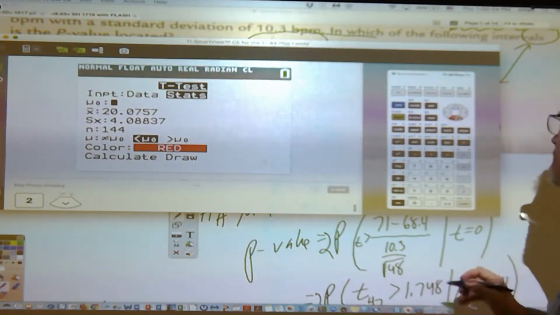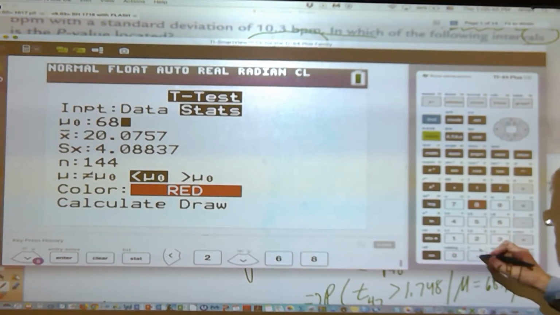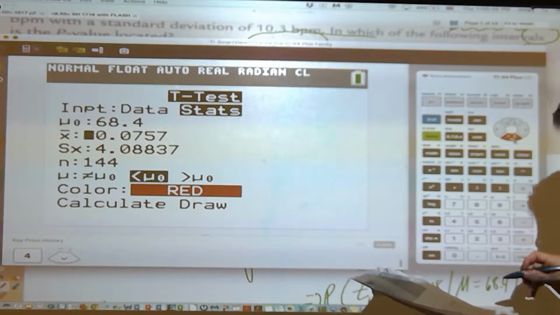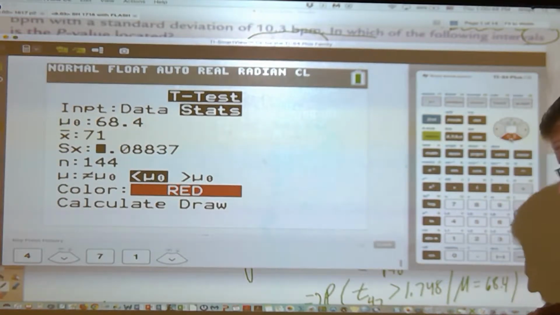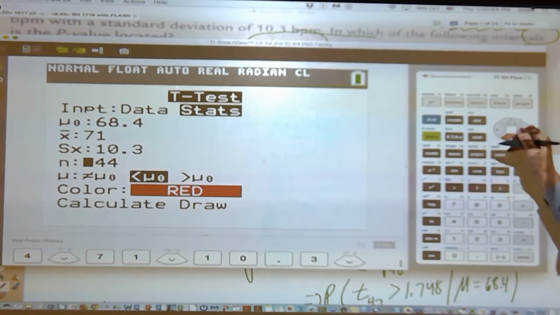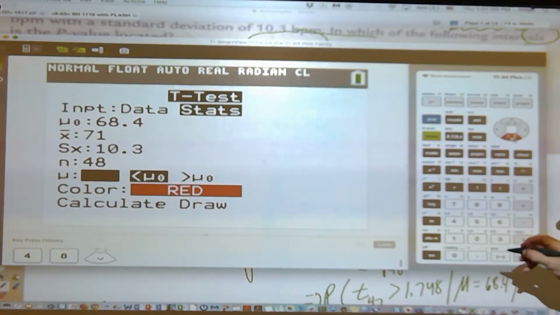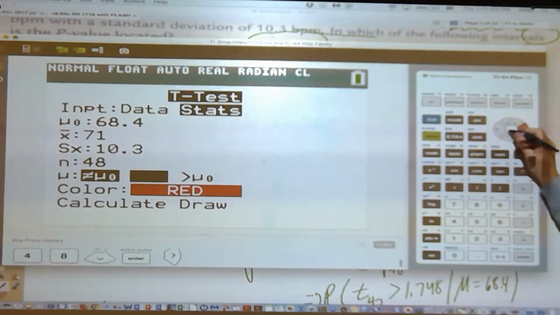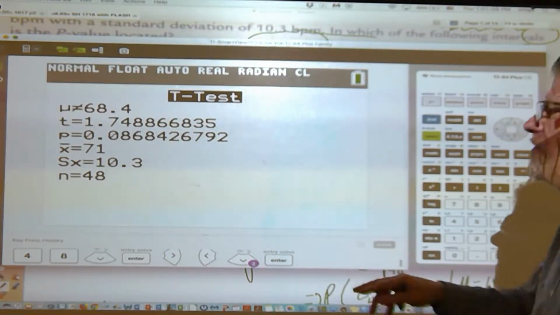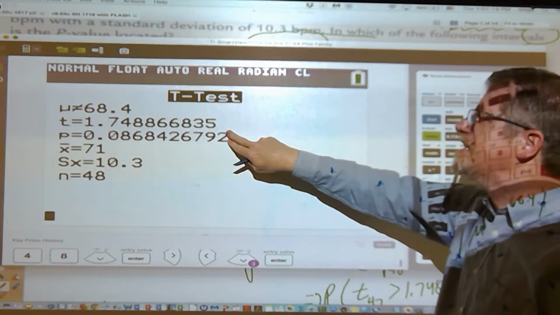The hypothesized mean is 68.4, and the sample mean is observed at 71. The sample standard deviation was 10.3. The calculator is going to divide by the square root of 48 for us. It's a two-tailed test because we just think they're wrong. And if you go to calculate, it should give the same p-value of 0.087. So that's the same value that we obtained using tcdf.